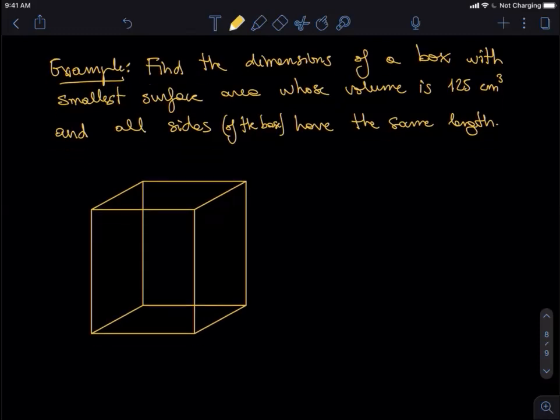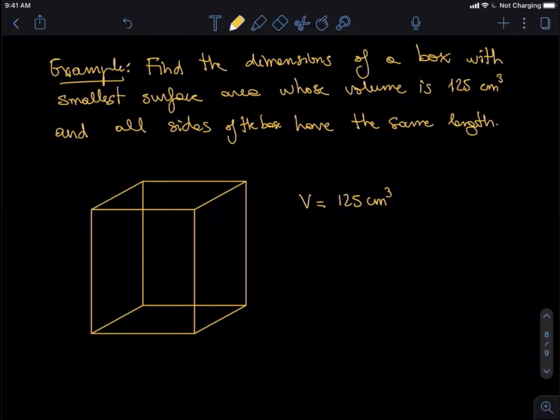And now everything we need is to read carefully what are the specifications for this box. So the first thing we know is that the volume is 125 cubic centimeters, and we know that all sides of the base have the same length. Let's take out this parenthesis, it's confusing.